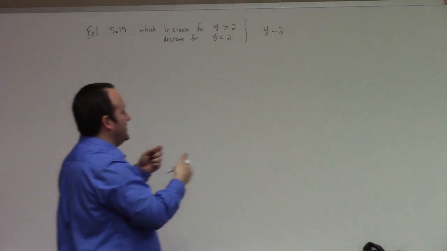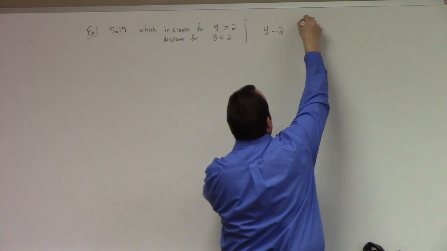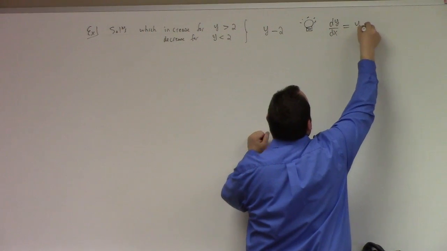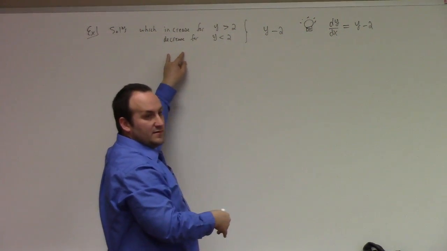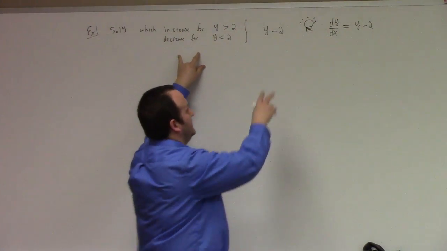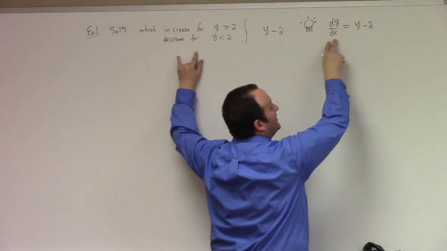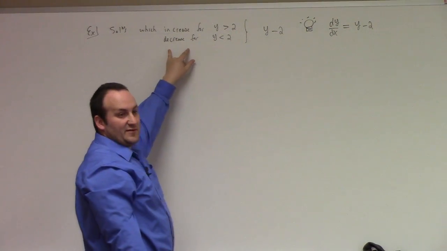So it stands to reason, and here's a kind of a big idea, that if I set dy/dx equal to y minus 2, then solutions to this differential equation will satisfy this, because this is positive if y is greater than 2 and negative if y is less than 2. So solutions will satisfy this geometric data.